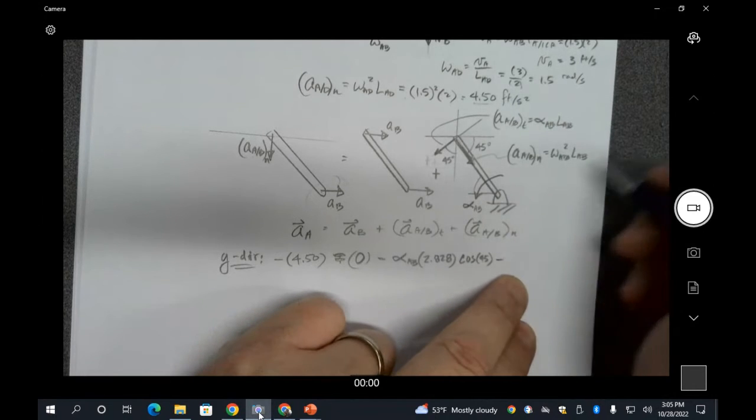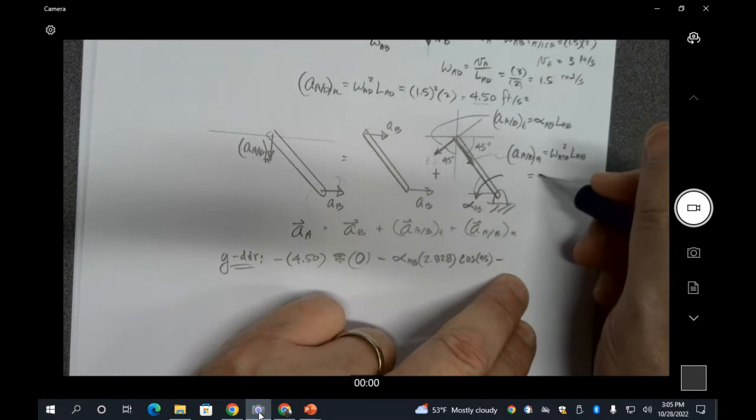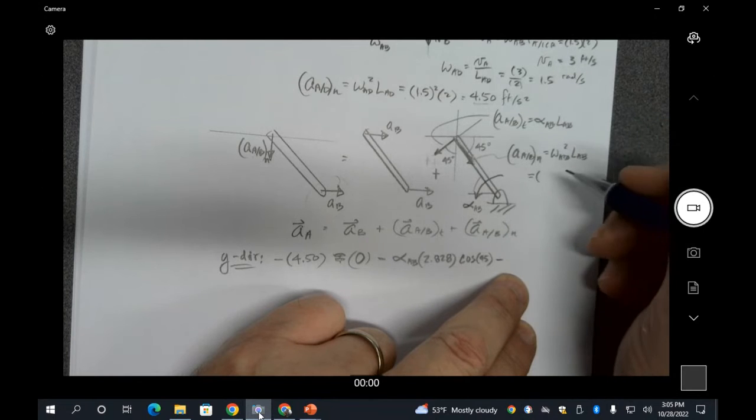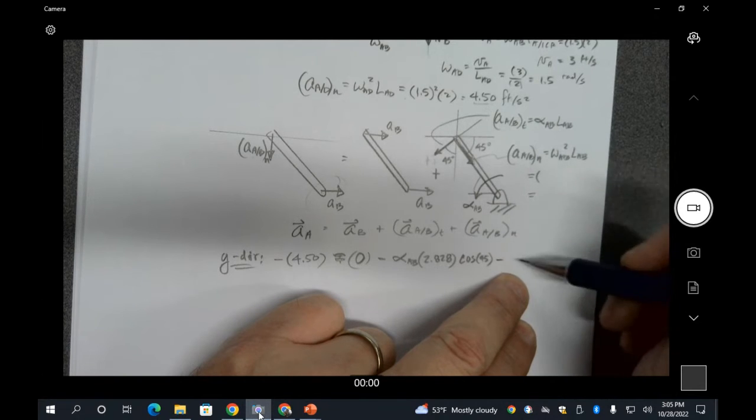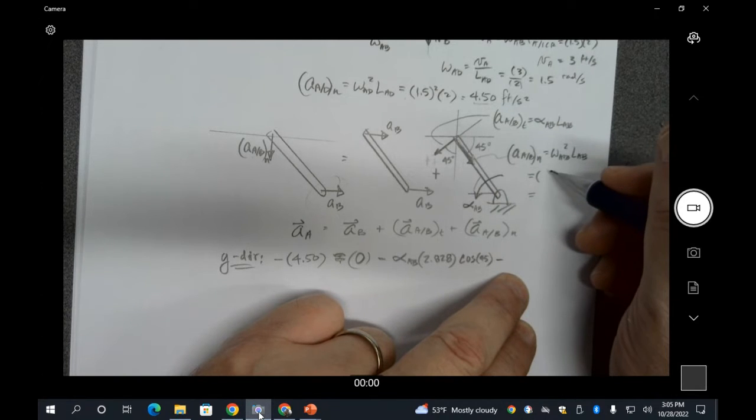We're also going to be in the negative direction here for the normal acceleration. And I like to save just an itty bitty amount of time by going ahead and finding out what that number is so I don't have to calculate it twice.